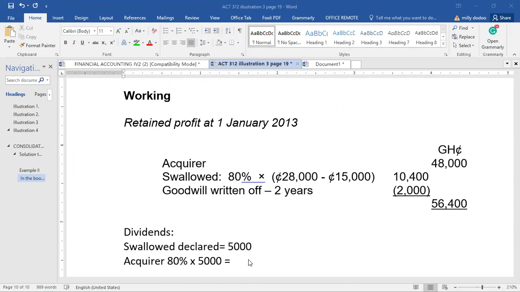How much are we getting? 80% of 5,000 is 4,000. Good.